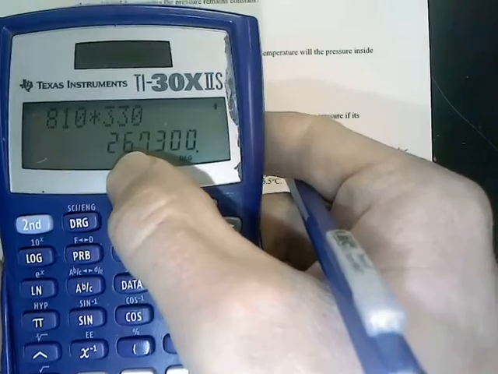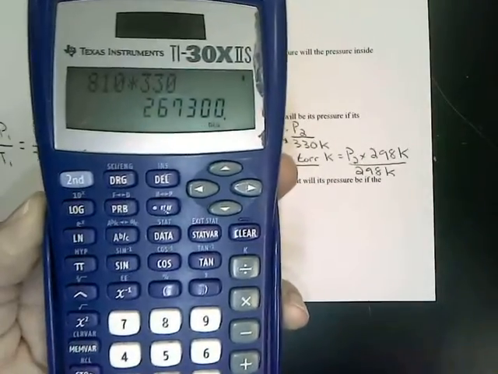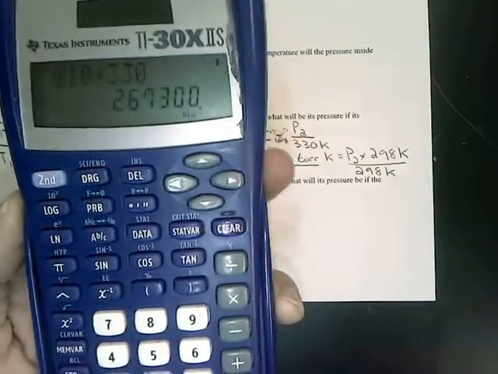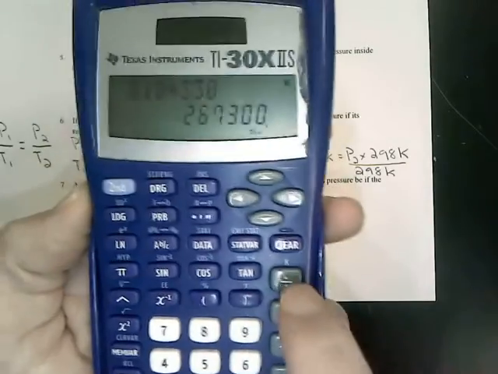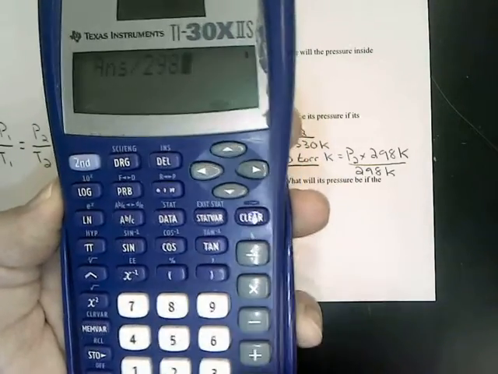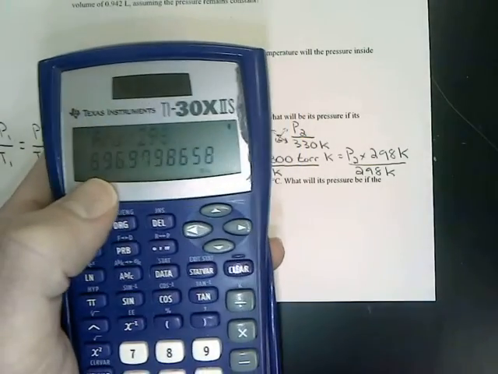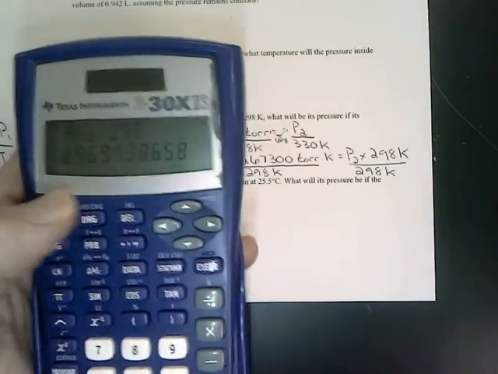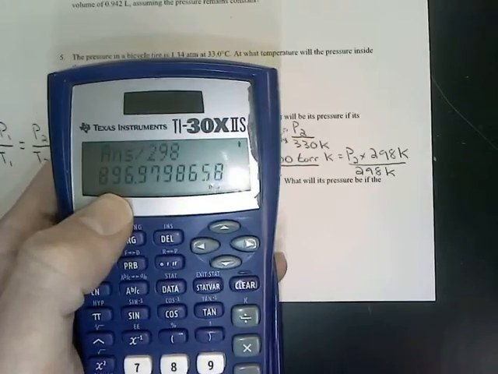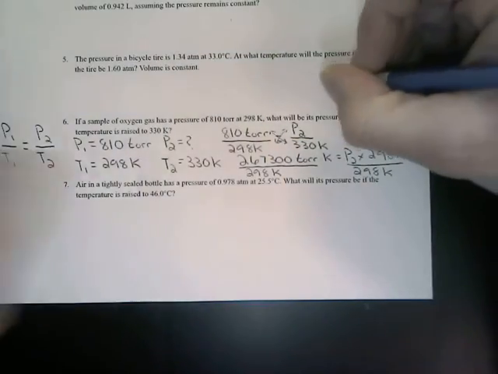And what I'm going to do, it's already in my calculator, 267,300. I divide that by 298, and my second pressure in units of torr is 897 by the time I round to 3 digits.